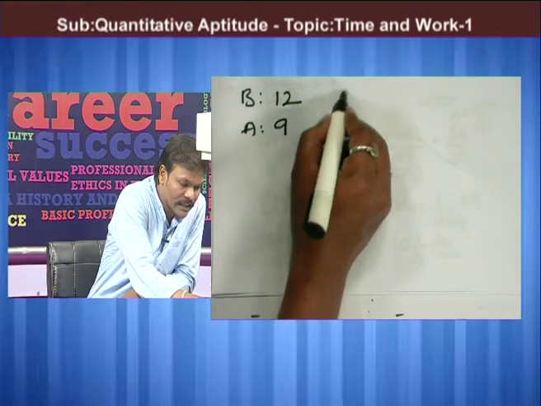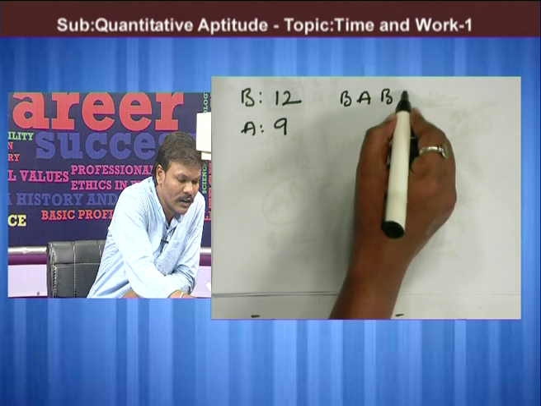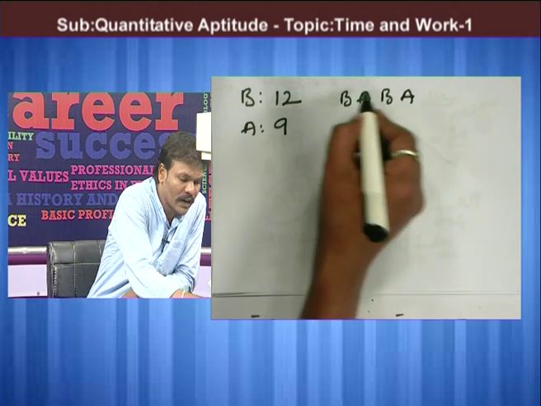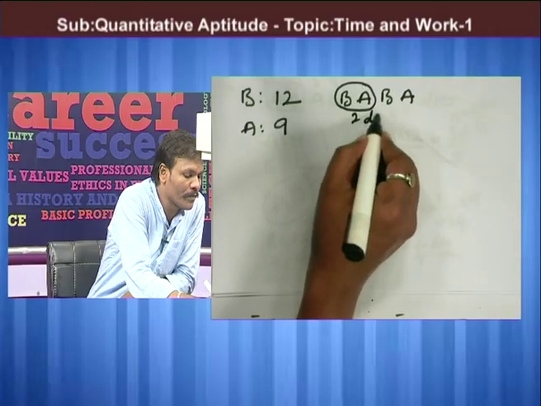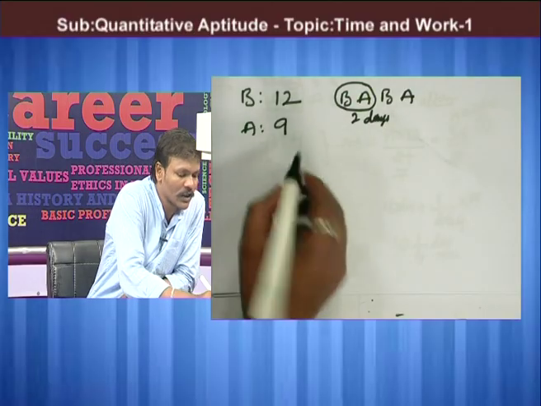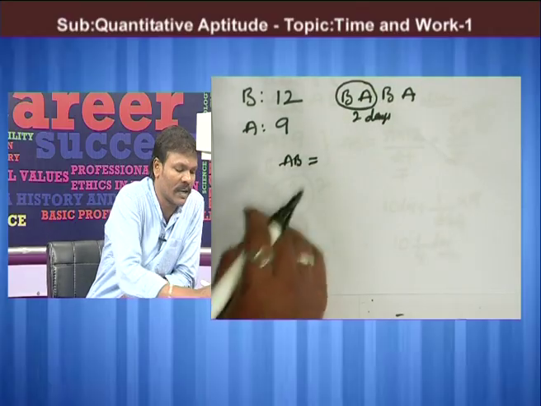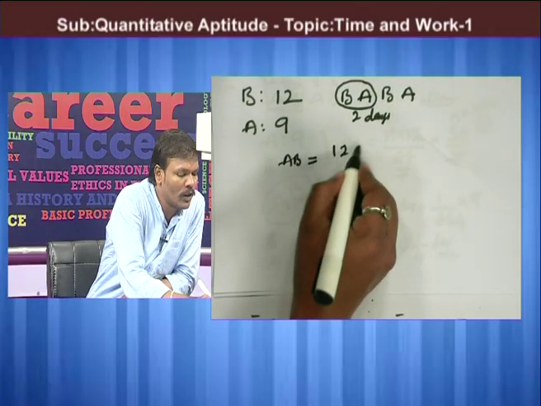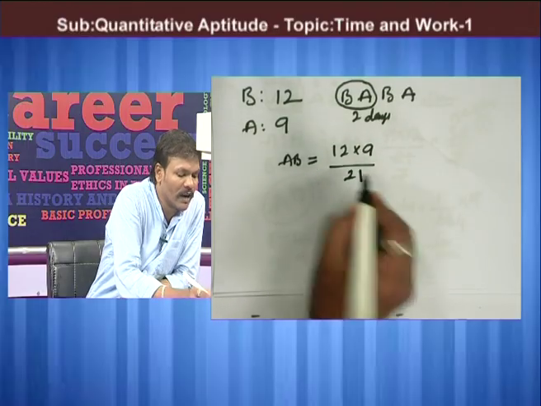When B begins, B works on the first day, A on the second day, B on the third day, A on the fourth day. We take the group of days for A, B together, it takes 2 days. So, A, B are working together. So, 12 into 9 by 9 plus 12, that is 21.